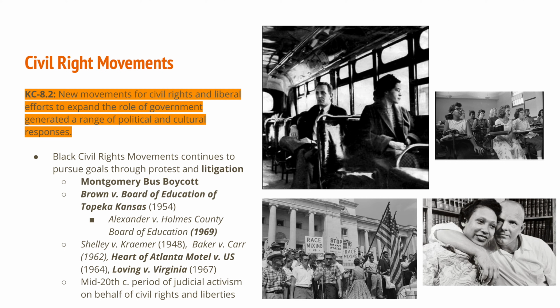It's a successful Supreme Court case for them, and it strikes down the miscegenation laws of about 15 states in 1967. So this is a period of judicial activism, and it's on behalf of civil rights and civil liberties and trying to uphold equality here.